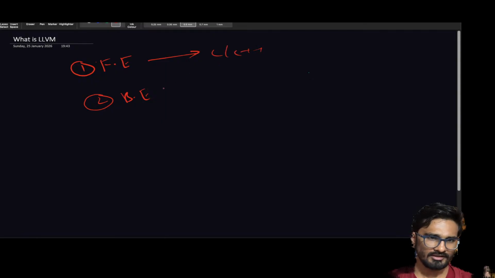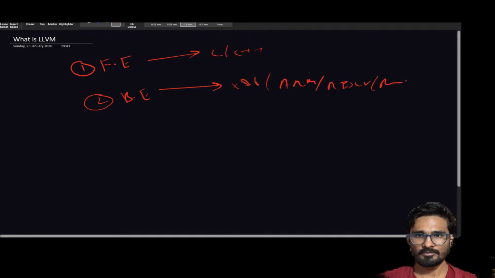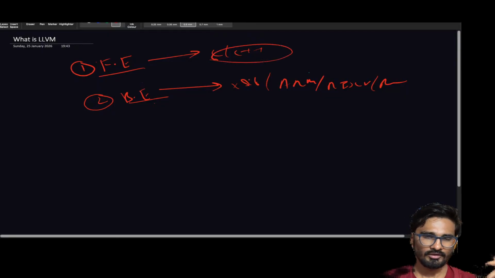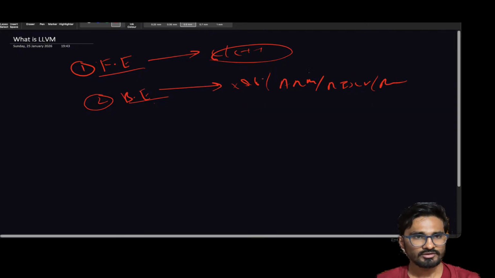And when I say backend, it simply means any new hardware. Hardware can be x86, ARM, RISC-V, PowerPC or anything. So these two I will use: front end as a replacement for coding language, and backend means new hardware. So let's start a discussion.